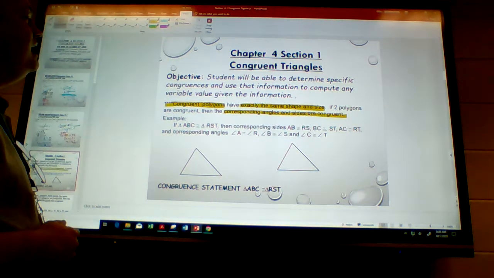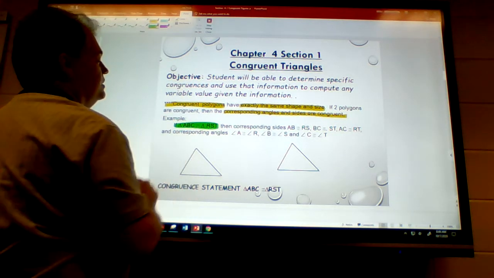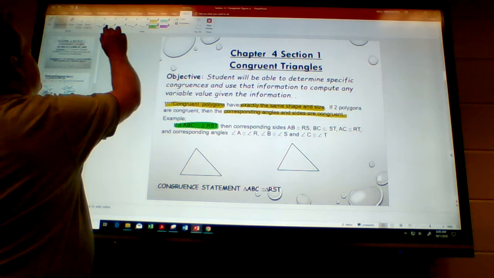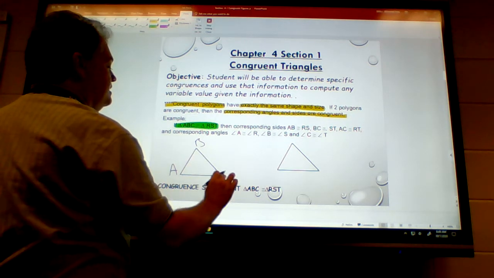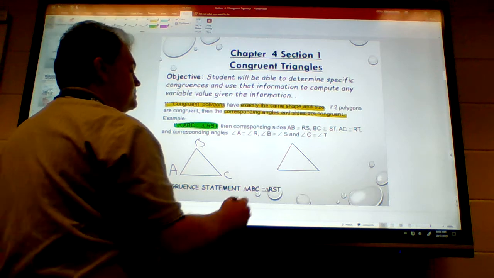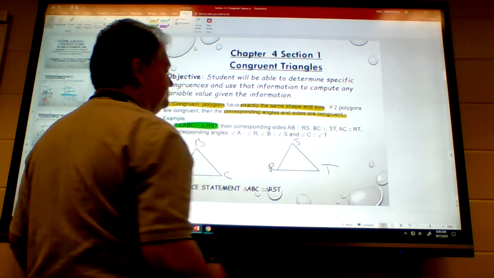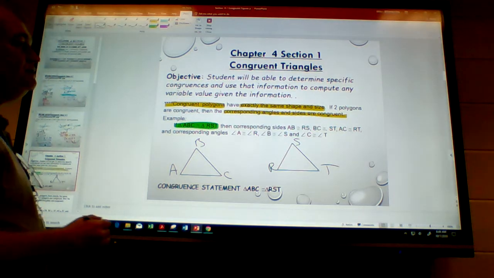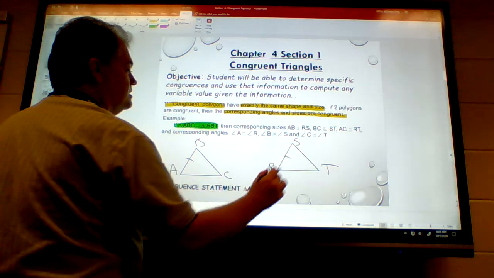So, for example, it says here that triangle ABC is congruent to triangle RST. Now, I'm going to call this A, this B, and this C. This will be R, this will be S, and this will be T. So here's what it's saying. It's saying that AB is congruent to RS.